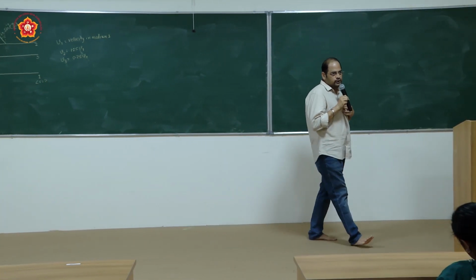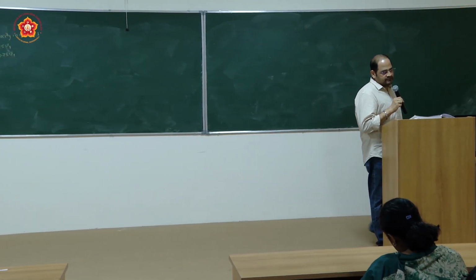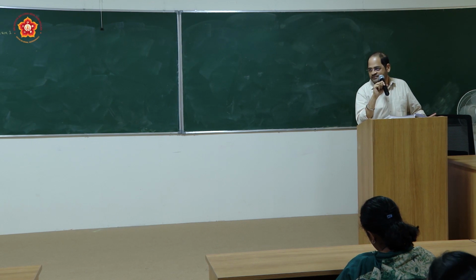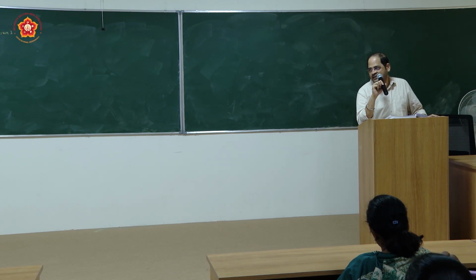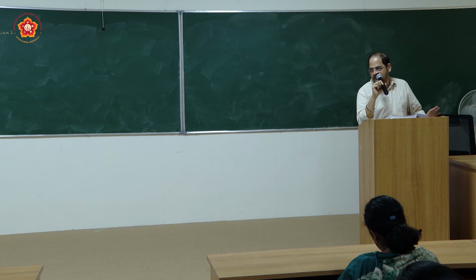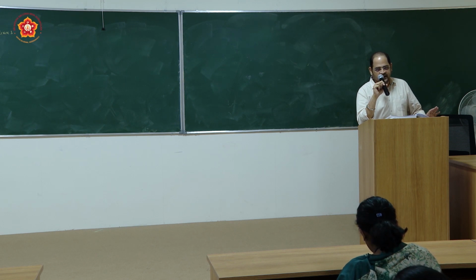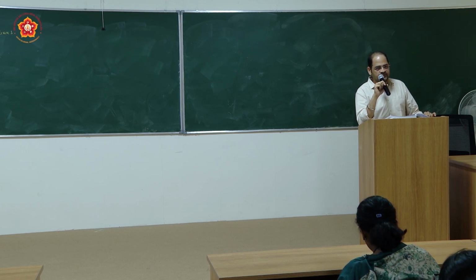Or should I prove it to you how it is coming out to be 0.75? It is 100 minus 25 upon 100. So 75 by 100 means 0.75.